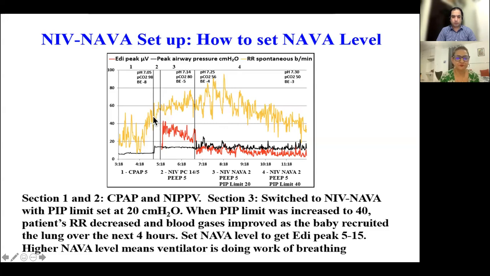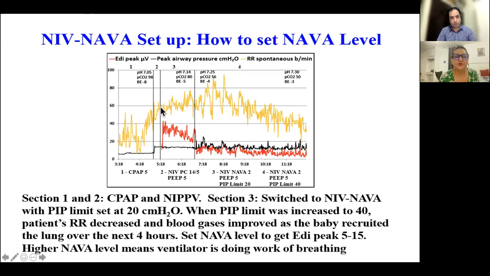In the second, where you have put the baby on NIPPV, there is a pressure generated. So there is a little bit of improvement in the gases, but still the pH is quite low and CO2 is quite high. And you have put the baby on NIV-NAVA here.